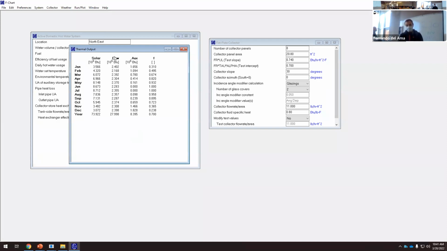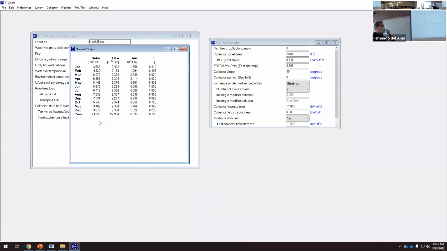And then here we have the solar, domestic hot water, and the auxiliary. This is the amount of energy that we have from the sun. And this is the amount of domestic hot water that we are generating. Okay, so out of 73 times 10 to the power of 6 BTUs, we are generating only 27.